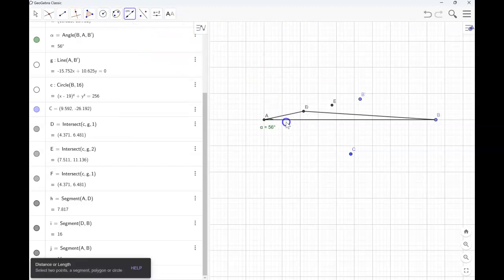Give me distances for this. That's 19. That's 16. And there's my 7.82.